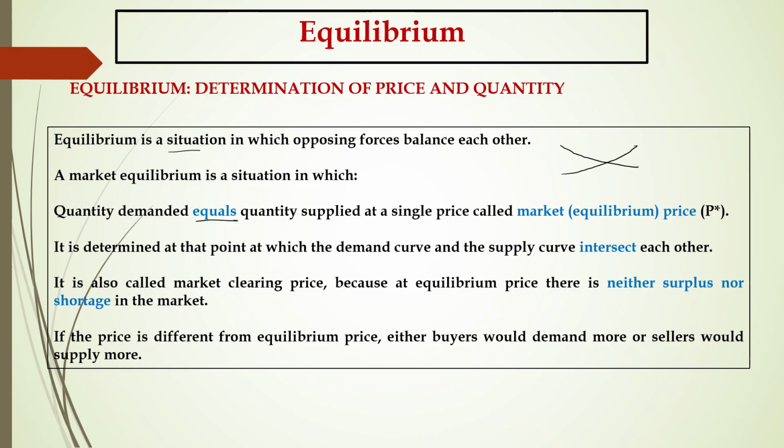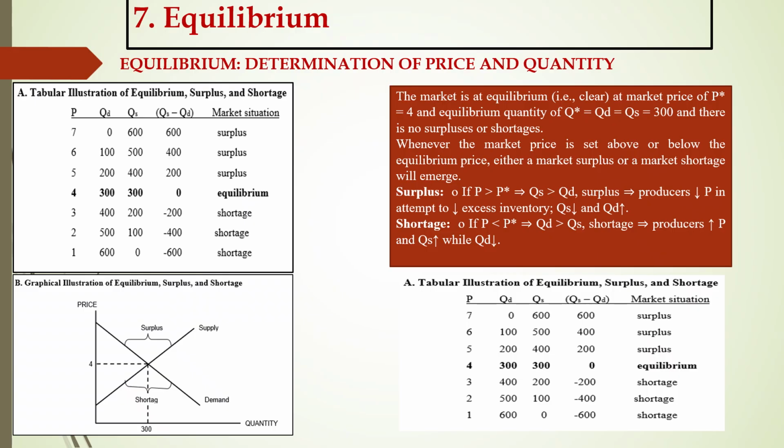Now we will see this with a very simple explanation and example. Here you can see the tabular illustration. Here we are going to understand what equilibrium price and equilibrium quantity are.